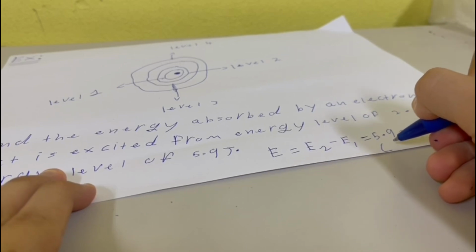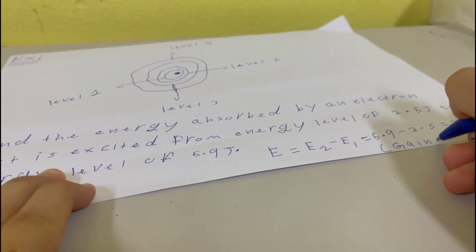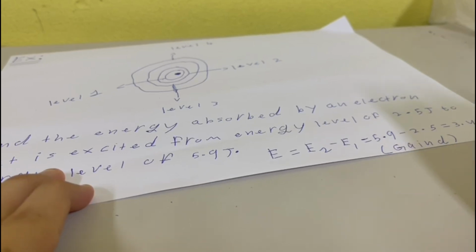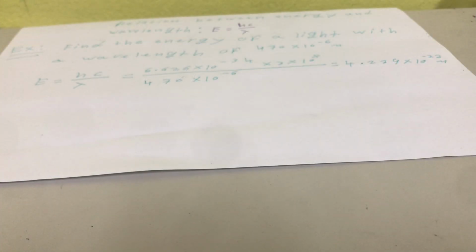We open parentheses and say gained, because the energy here is positive, which is 3.4 joules positive. If it's negative, we say lost joules, because here we are asking about energy.